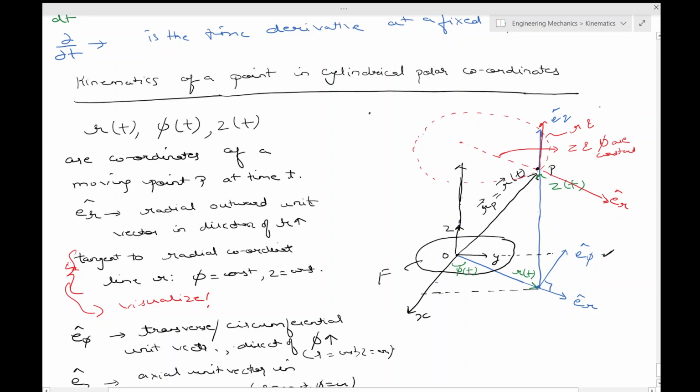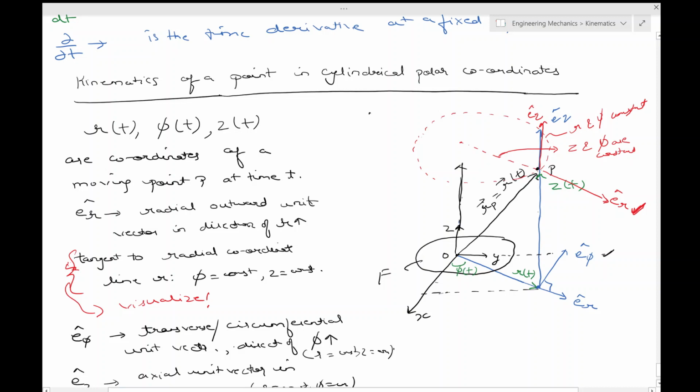R and phi are constant. So if you move along this direction, the r and phi will not change. That's the idea. Similarly, if you move along this radial direction, the z and phi will not be changing. It will be constant.